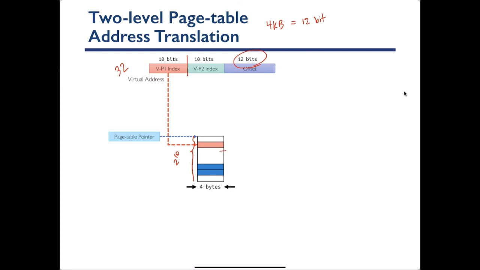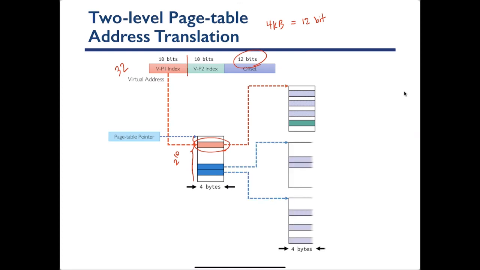Let's say I find the entry corresponding to this virtual page index 1. This entry is going to point to another table, and any other entry in this first level page table is going to point to another table. So for each entry, I will have another table.